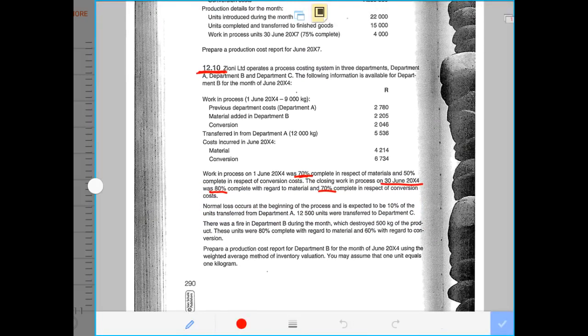And if we look in the table that we have, the units transferred in from Department A are 12,000 kgs. So if we multiply that by 10%, it will tell us that 1,200 will be recognized as a normal loss.